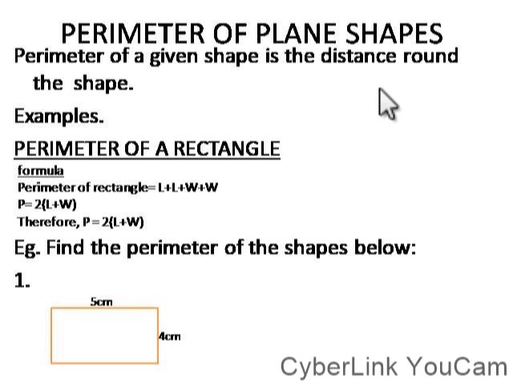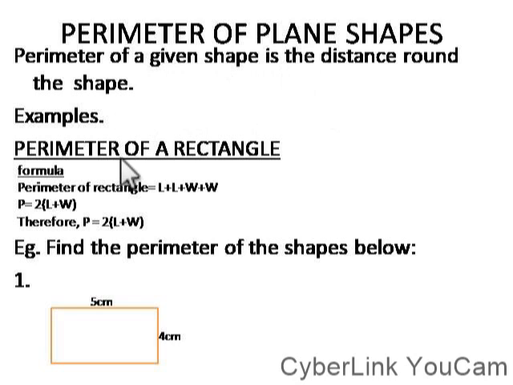When they are asked to find the perimeter of a given shape, they begin to look for the area. Both of them are quite different. Perimeter is the distance round a given shape, whereas area is the amount of space occupied by that particular shape. Alright, now I hope it's quite clear this time around. The perimeter of a given shape is the distance around the shape.